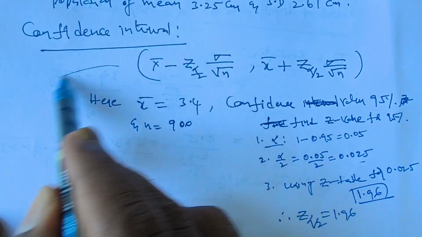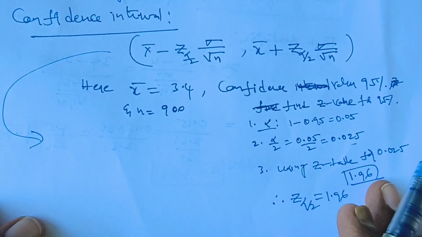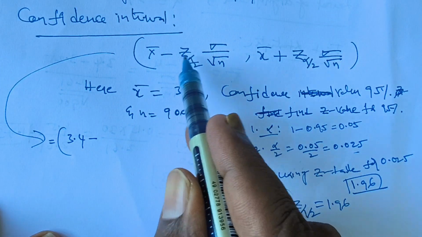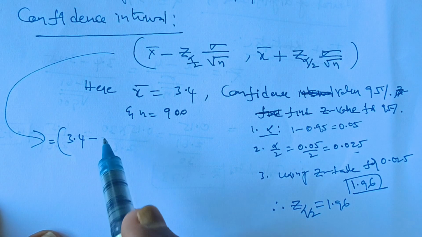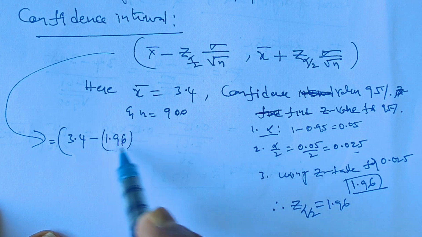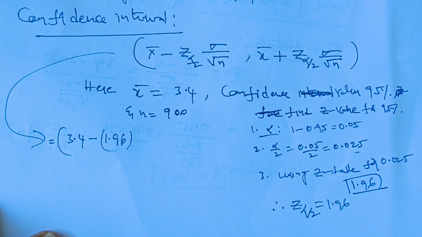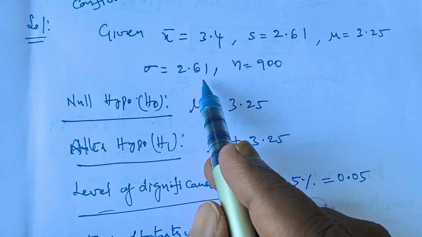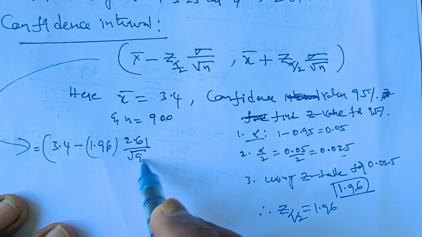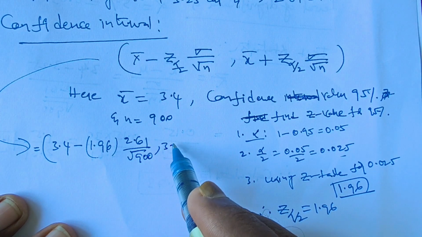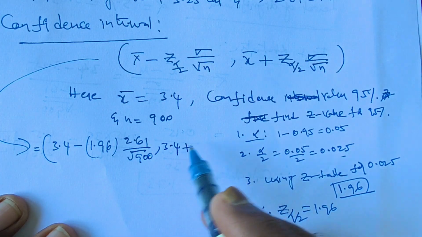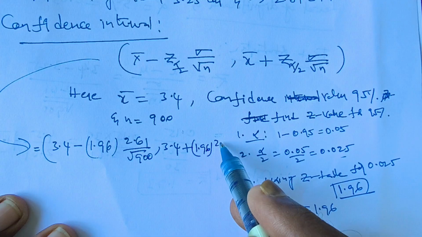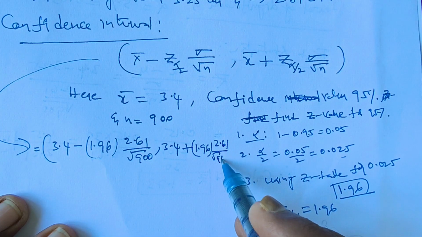Now, what is n value? 900. Now substitute the required values in this formula. x bar is 3.4 minus z alpha by 2 is 1.96 into sigma value, what is sigma value here? 2.61, yes, and n value is 900. 2.61 by root 900 comma 3.4 plus 1.96 into 2.61 by root 900.